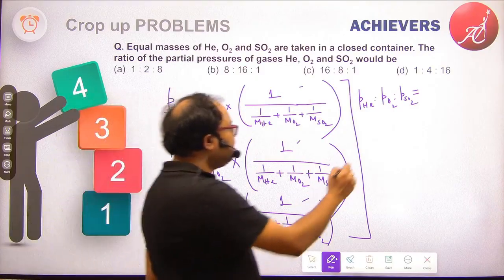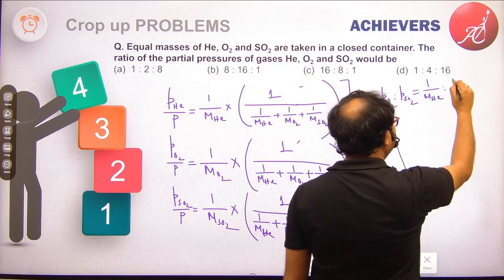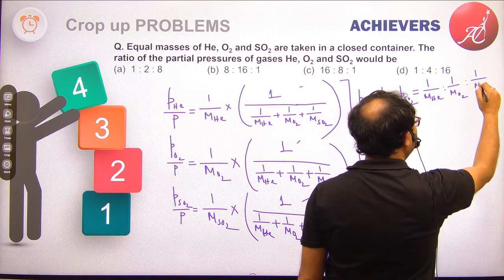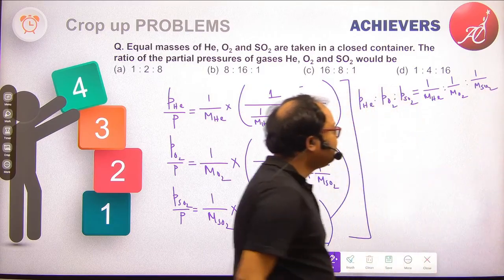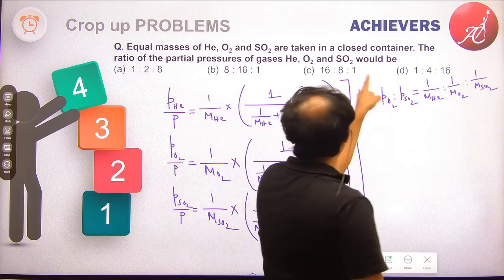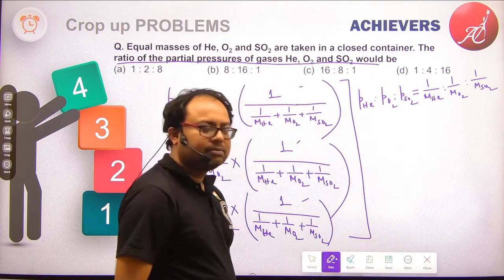You are left with 1 by molar mass of helium is to 1 by molar mass of oxygen is to 1 by molar mass of sulfur dioxide. And this is asked to be found out, the ratio of the partial pressures of helium, oxygen, sulfur dioxide.